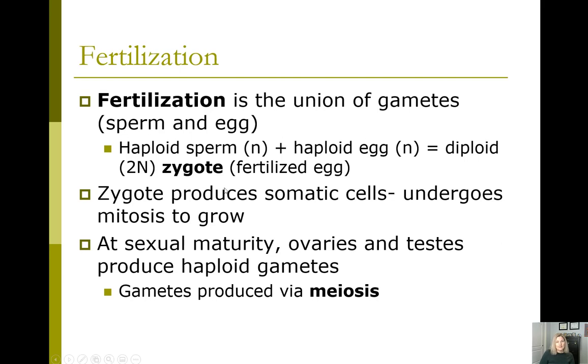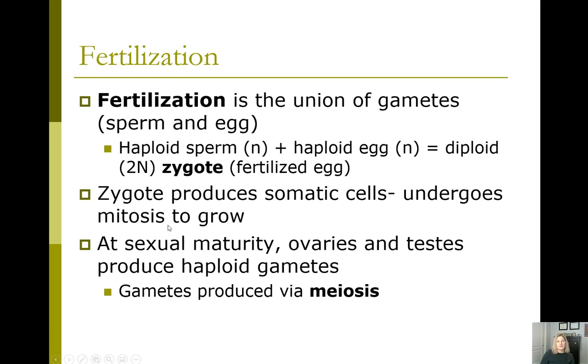Now, once we have that zygote, that fertilized egg, it's diploid, right? It's 2N. It has 2 sets of chromosomes, but it's only a single cell. So the zygote will undergo mitosis because it'll produce more somatic cells to grow.